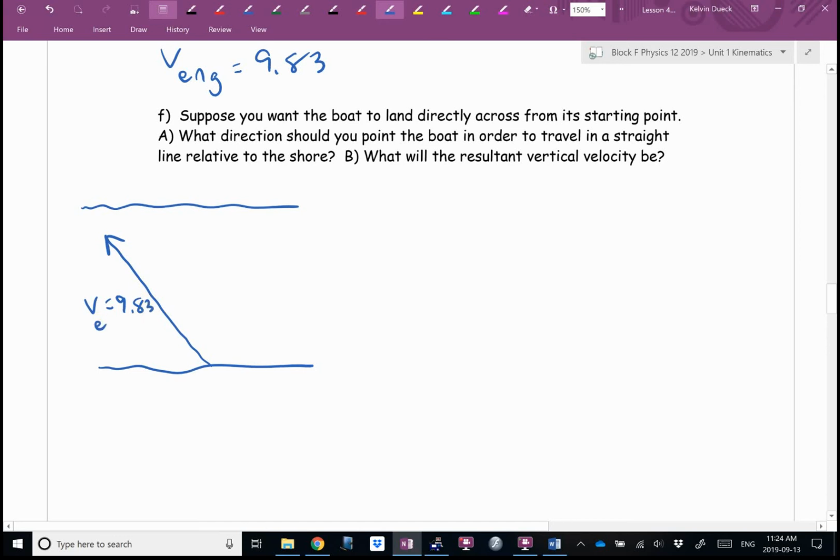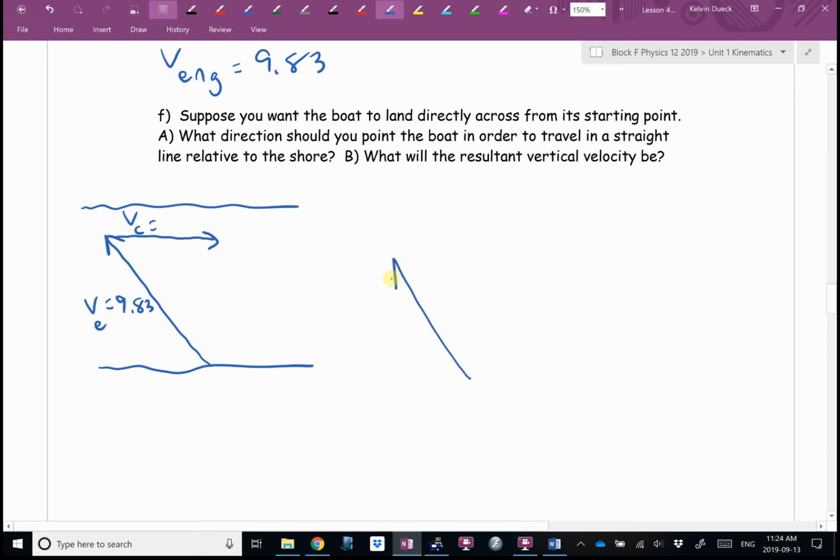I'm going to add, and again, don't think that the hypotenuse is automatically the resultant. This time it's not. This time we're adding the hypotenuse to a leg because the current is going sideways. But I know what the resultant is supposed to look like. I want the resultant to be due north. So I can stop the current right there.